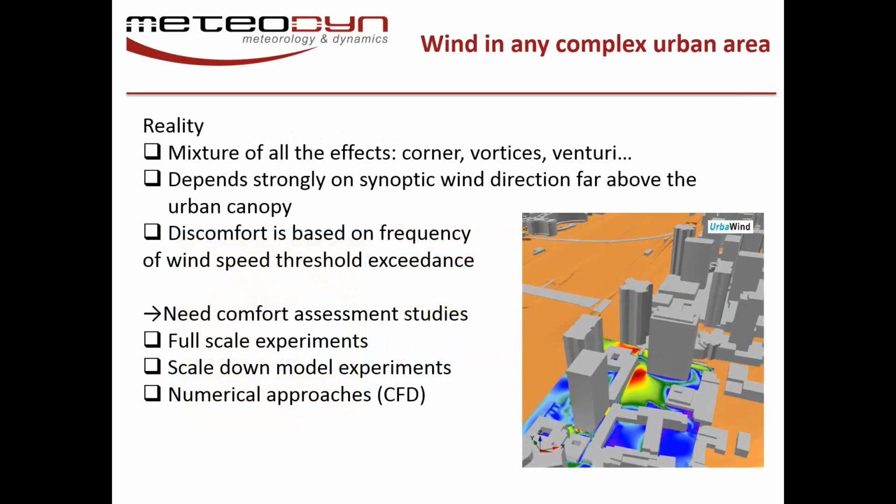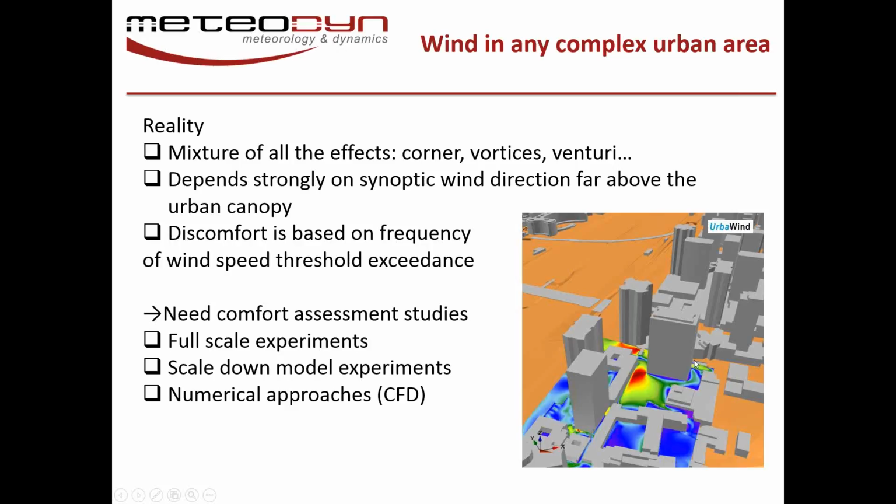But the reality is very different from theory, because there is a mixture of all these effects. So there are corner or vortices and Venturi effects. All is mixed. It's difficult to separate each effect. So as you can see in this picture, the master plan is very dense.